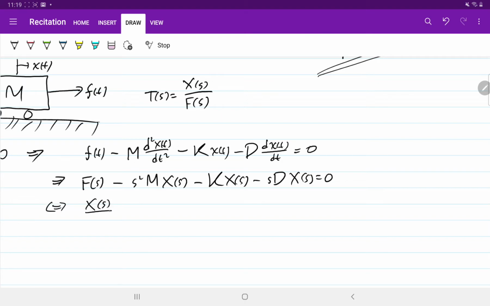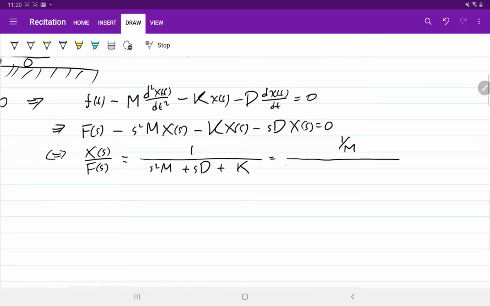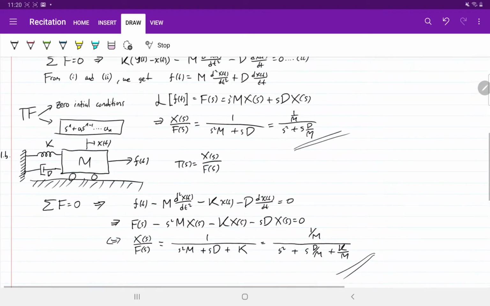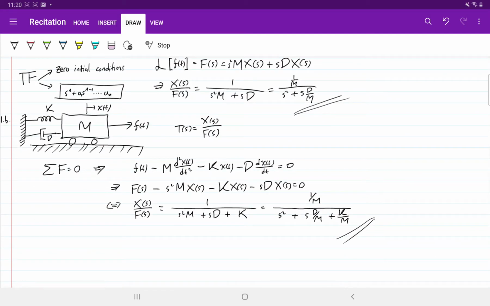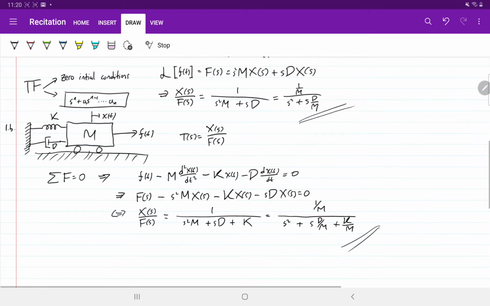So X of s over F of s is 1 over s squared m plus s d plus k. You need to multiply numerator and denominator by 1 over m. You get 1 over m, over s squared plus s d over m plus k over m. So that's the answer for this problem.